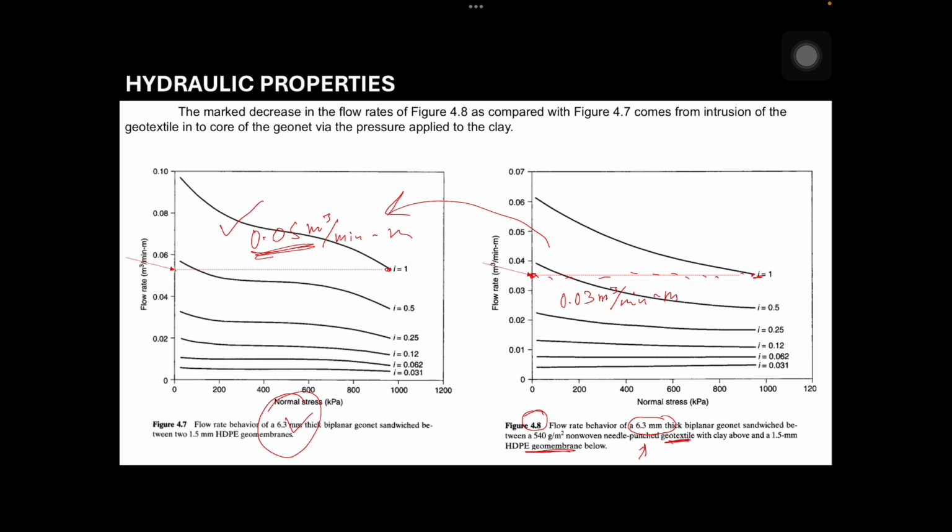But of course, hindi lang naman flow rate ang kino-consider kapag nagde-design tayo ng drainage or ng isang system, madami pa din naman. What if kailangan mo ng protection from extrusion or intrusion? So, di ba nakita natin yung geomembrane is better nga kumpara kay geotextile. So, we have maraming factors.